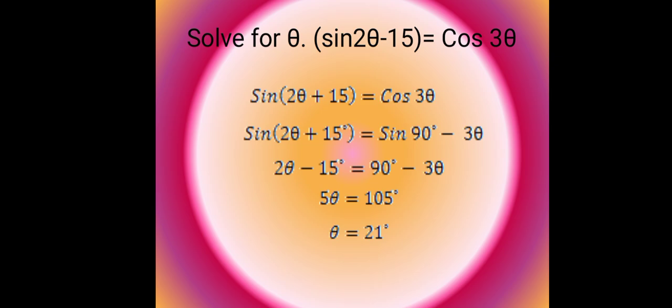This is similar to saying sin 2 theta minus 15 is equal to sin 90 minus theta. Sorry for that mix up. Then solving for theta, you get it to be 21 degrees. Please ignore the addition sign I put there. They should be minus.